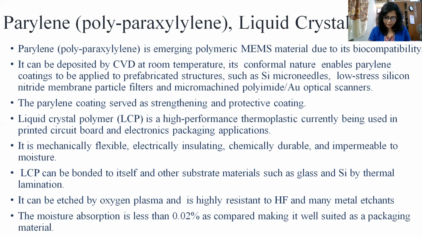Liquid crystal polymer can be bound to itself or to other substrates such as glass or silicon by thermal lamination. It can be etched by oxygen plasma and it is highly resistive to the HF and many metal etchants.